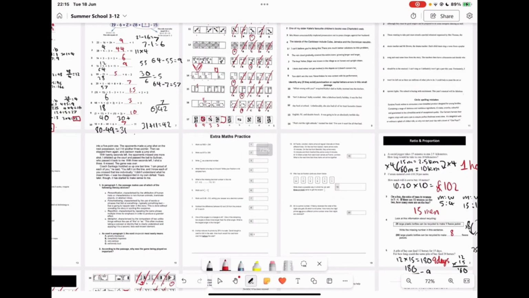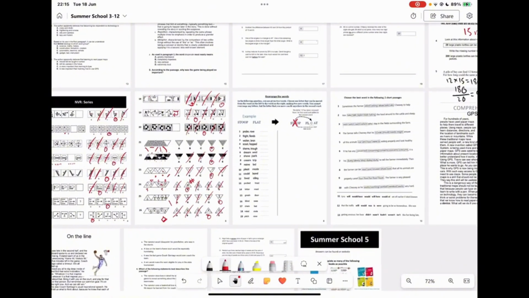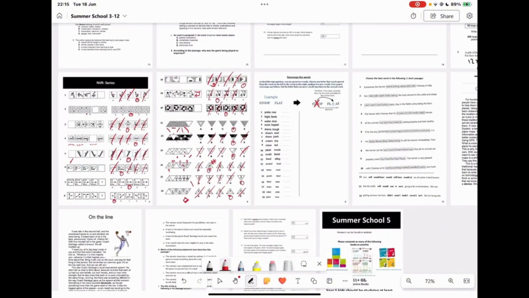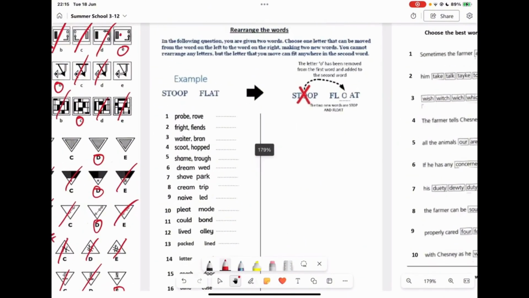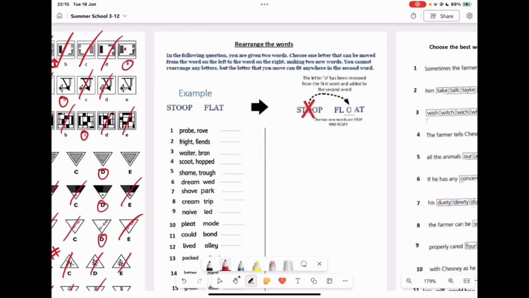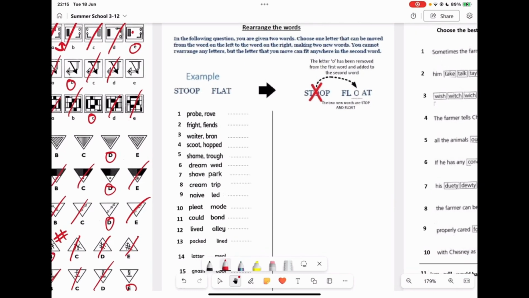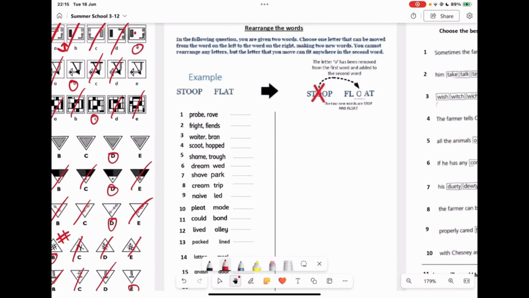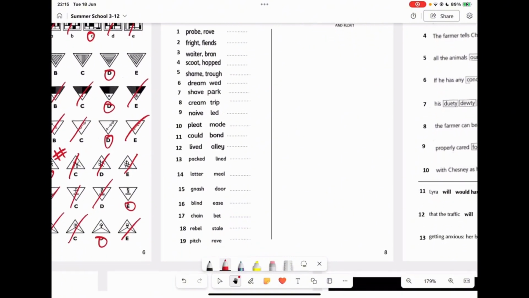Next, let's find question page 8. That's here. So rearrange the words. In the following questions, you're given 2 words. Choose one letter that can be moved from one word on the left to the word on the right, making 2 new words. You cannot rearrange any letters, but the letter that you move can fit anywhere in the second word.